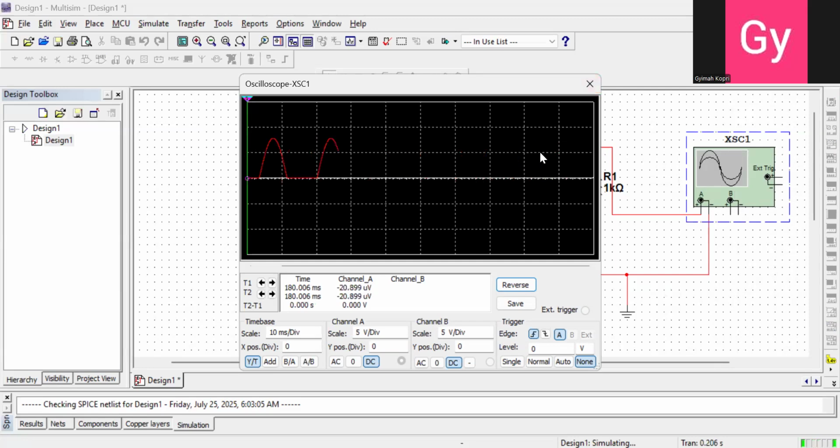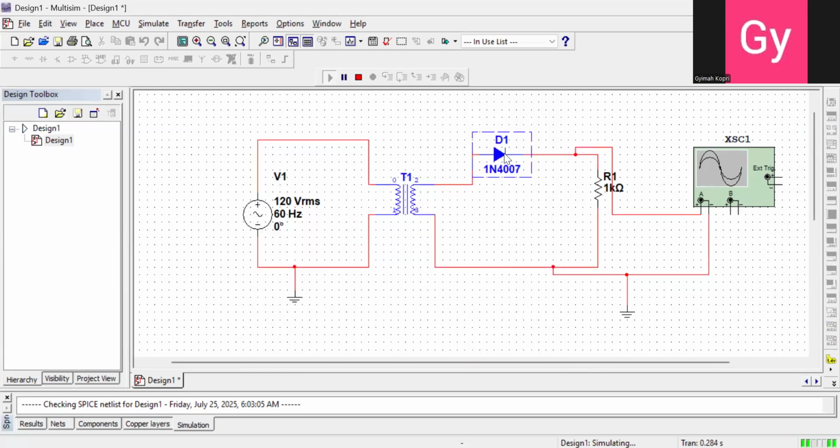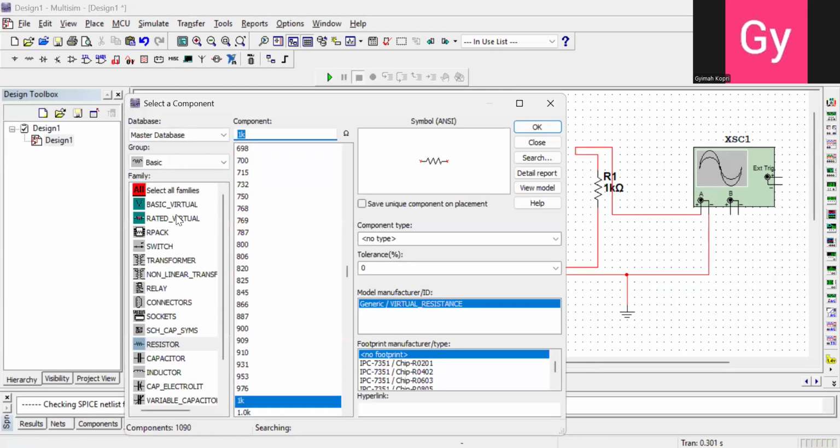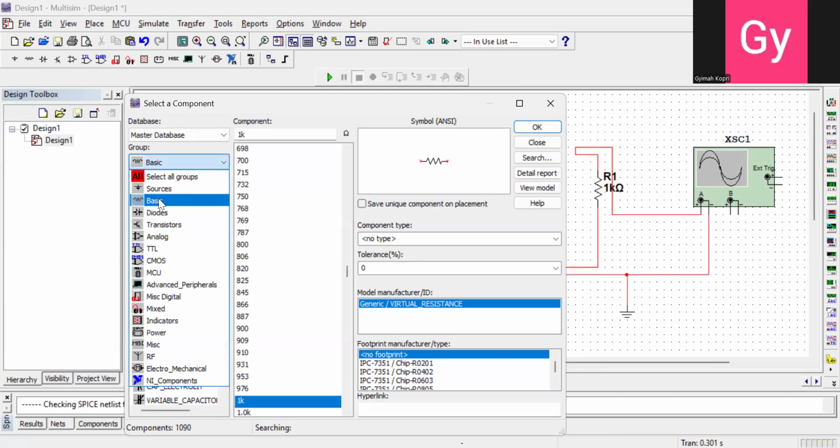So let's see how the waveform will look if I use a full wave, before I go to the next video. Let's change this and bring in a bridge rectifier, the one with 4 diodes.